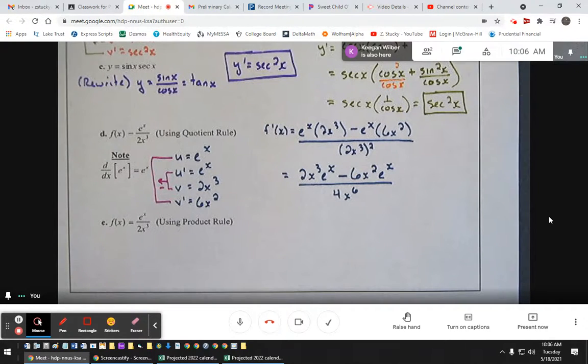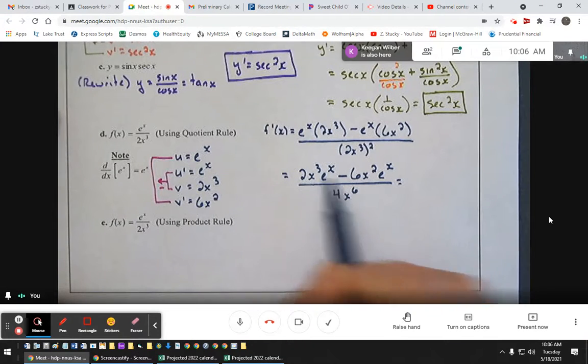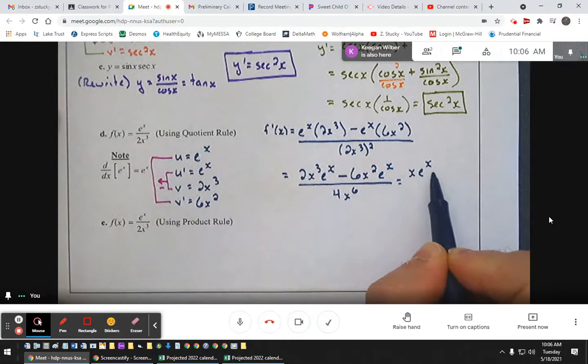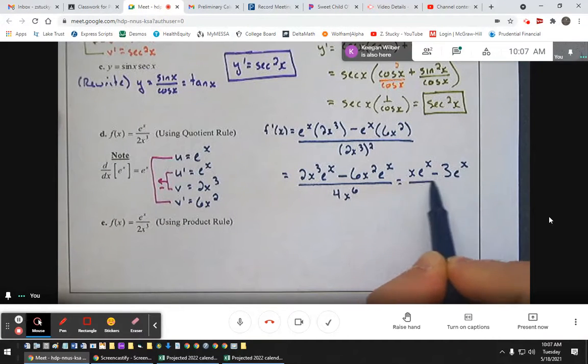A 2 and at least 2 x's, yes? So my cleanup would be, I'm going to cancel out a 2 and 2 x's from each piece. So this would be x e to the x minus 3, we took away 2 of them, e to the x. Divide by 2 would be 2, and we took away 2 of them, x to the 4th.